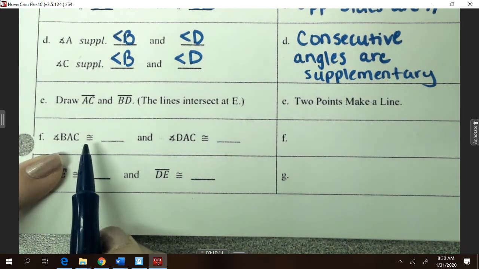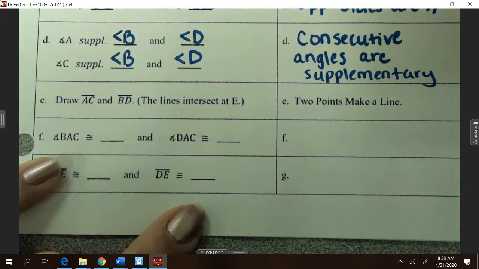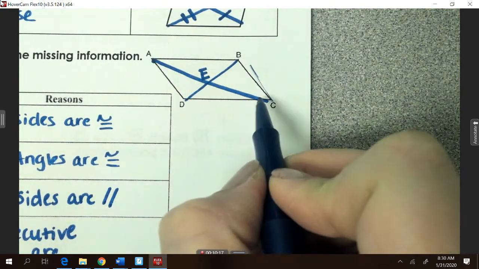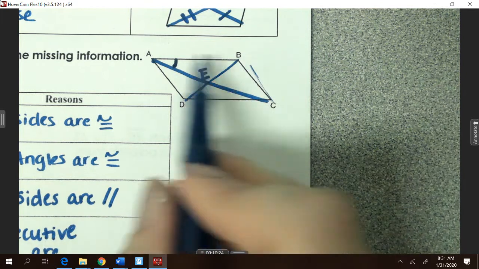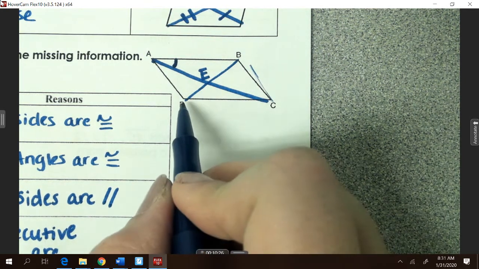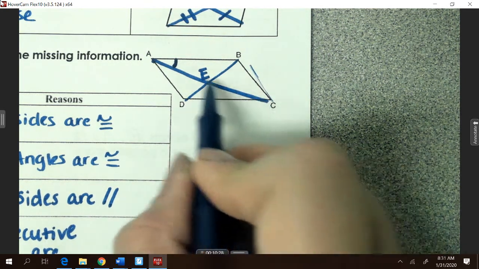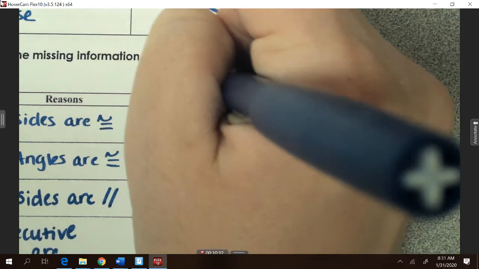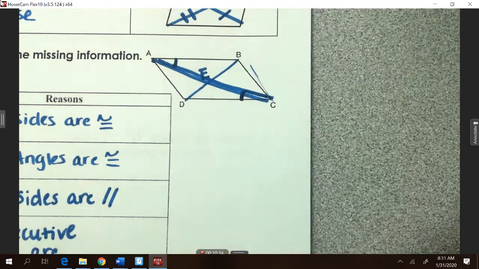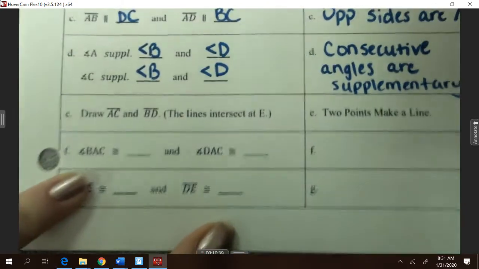Angle BAC would be congruent to what angle? What would be the alternate interior angle of BAC? DCA, right? This angle right here, which my diagonal wasn't very good the way I drew that in. Okay, but those would be alternate interior angles. So I would say that BAC is congruent to DCA.